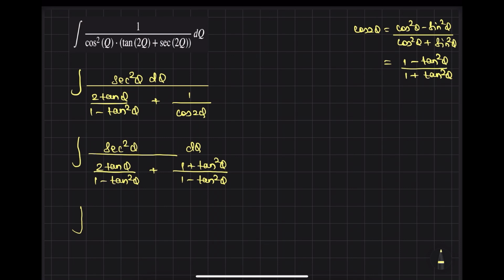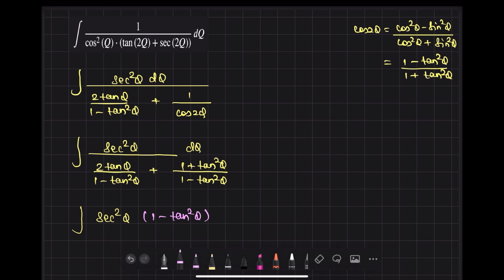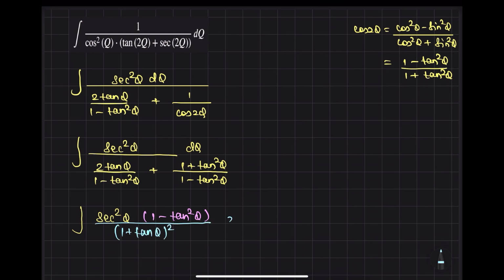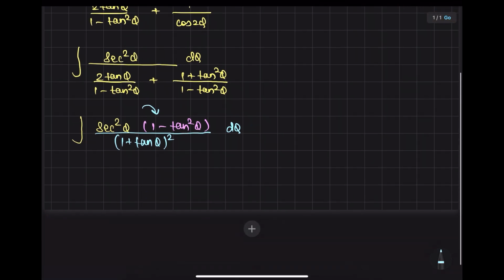So can I write that as sec square theta, this is the numerator, and the denominator is 1 minus tan square theta, and the LCM will be 1 plus tan theta whole square, right? And then we have d theta. Now can I write this element as a plus b, a minus b?